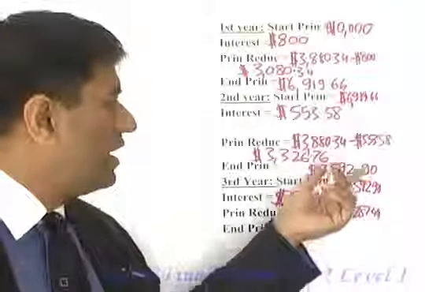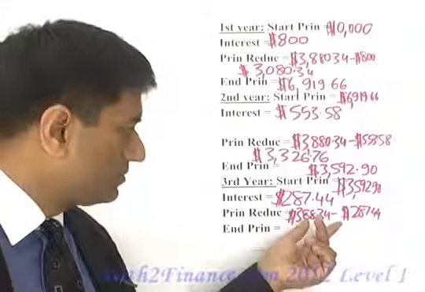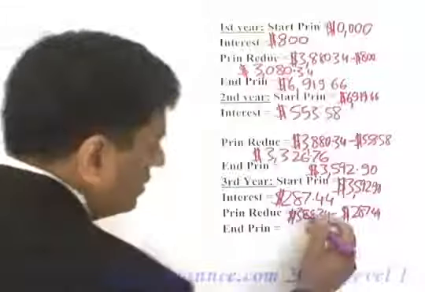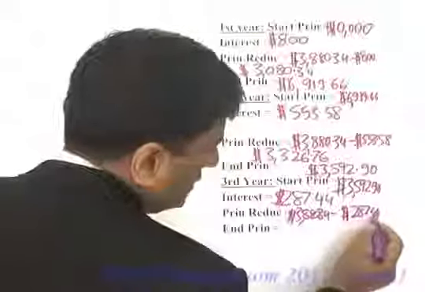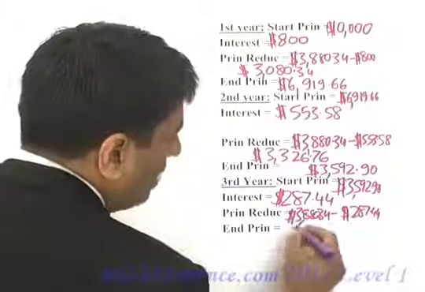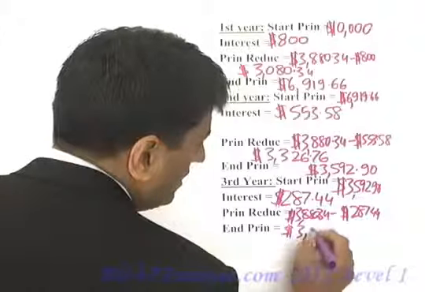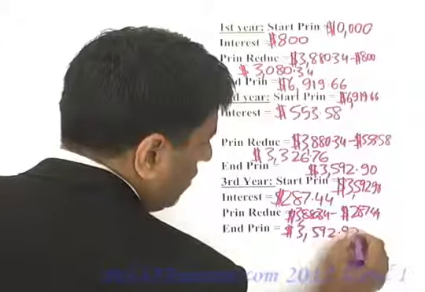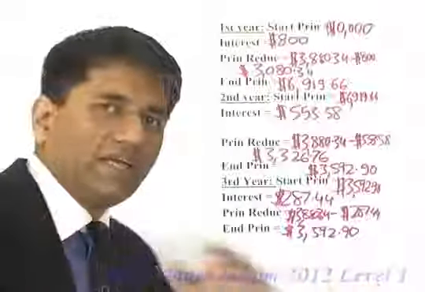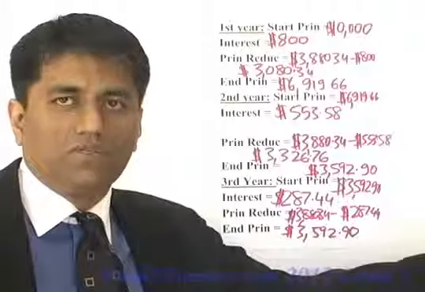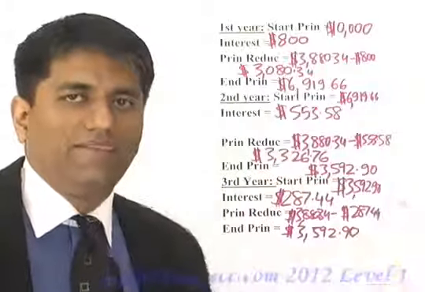That is what is meant by saying that these 3 payments of 3,880.34 repay the entire loan. So this is 3,880.34 minus 287.44. If you do that, what you get is 3,592.90, which is the same as the starting principal for the third year. So at the end of the third year, loan is wiped out. The car is now all mine.